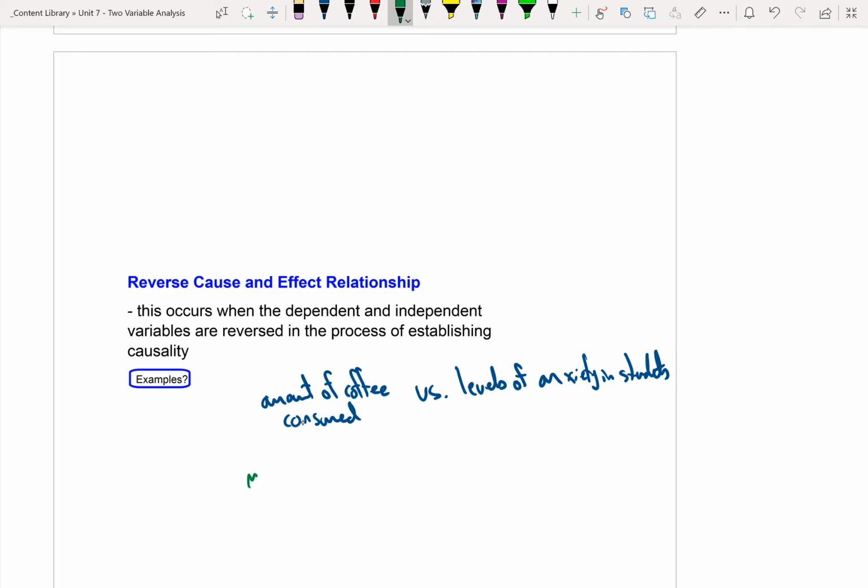However, it may be more likely that levels of anxiety causes more coffee to be consumed. So again, it could just be when you actually go through and determine the correlation, it's actually that the one affects the other, opposite of what you were actually looking at.